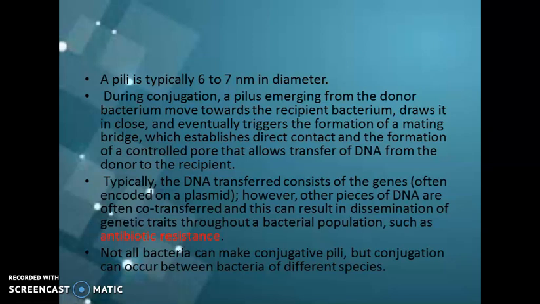So what happens if other pieces of DNA are also co-transferred? This may result in dissemination of genetic traits throughout a bacterial population, and this may be a reason for antibiotic resistance. That means this peculiar character of antibiotic resistance can be transferred from the donor to the recipient through the conjugation process.